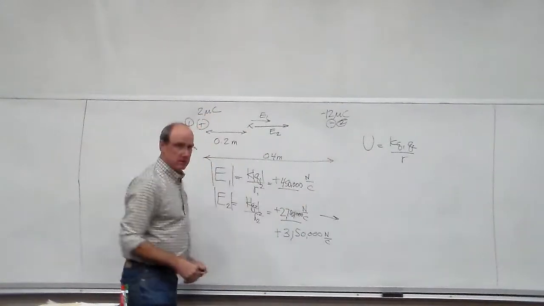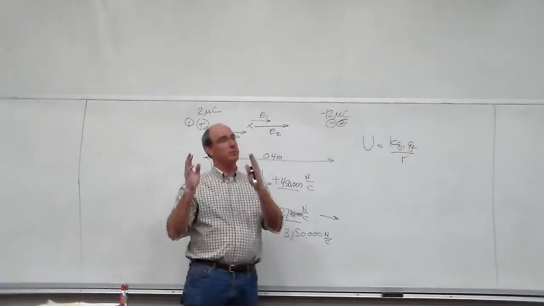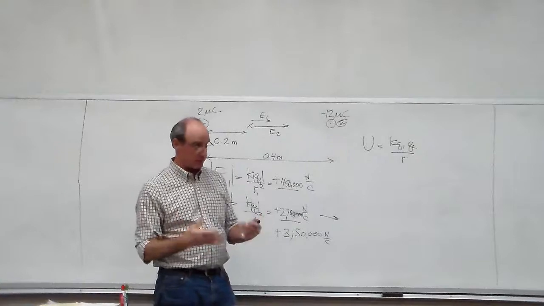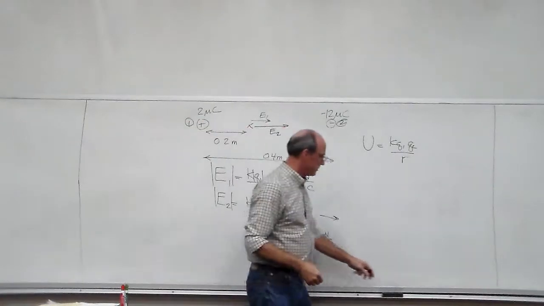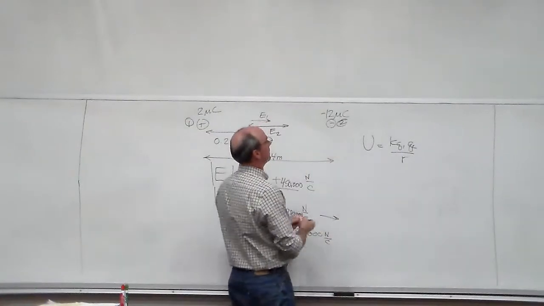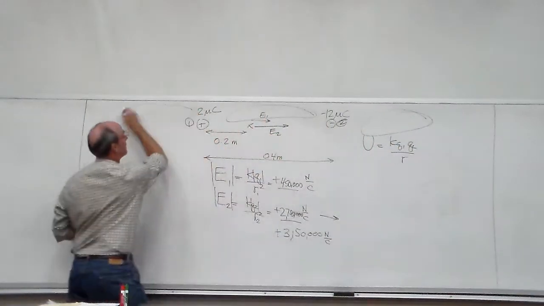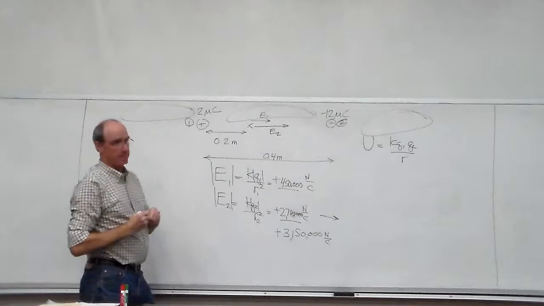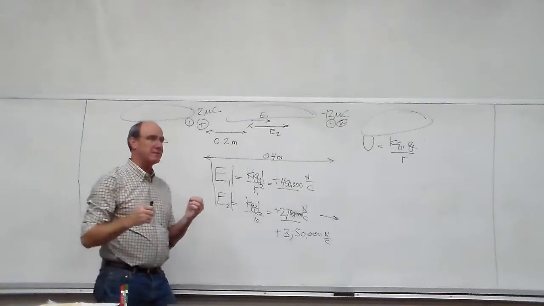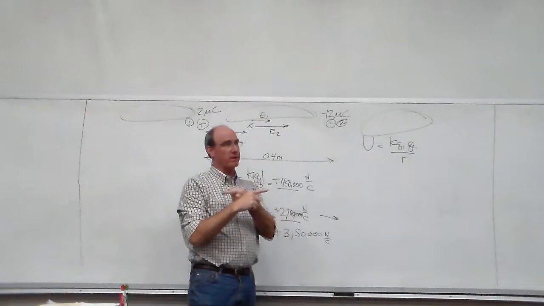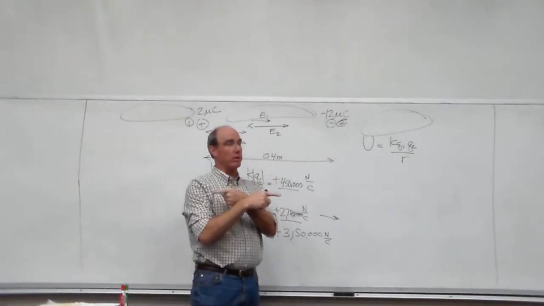Okay? So in this situation, we want to break it into regions. This is a qualitative question, not a quantitative question. And so there's 3 regions here. There's this region over here, there's this region here, and this region here. In order to have the electric field equal to 0, we have to have one going one way and one going the other way.